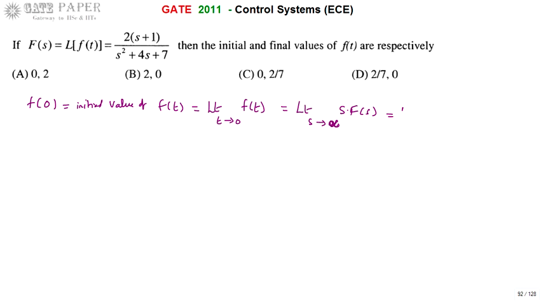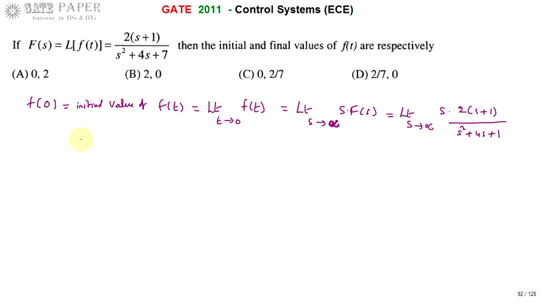So from this, limit s tends to infinity of s into F(s) is 2(s+1) divided by s^2+4s+1. Take s common from the numerator, and s^2 common from the denominator.